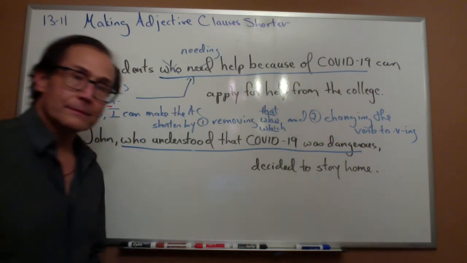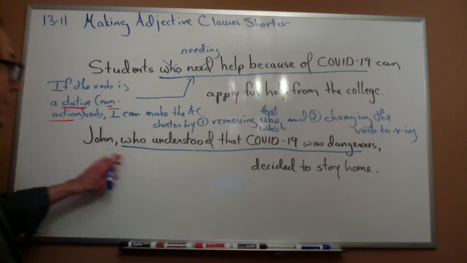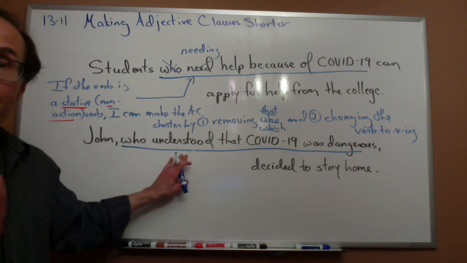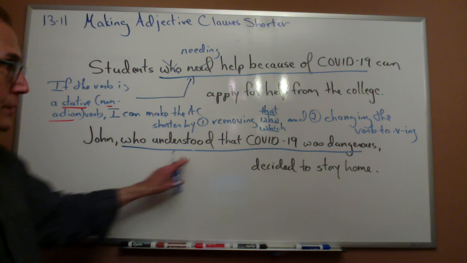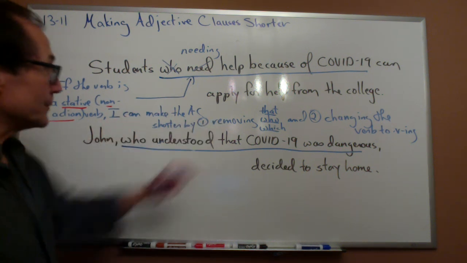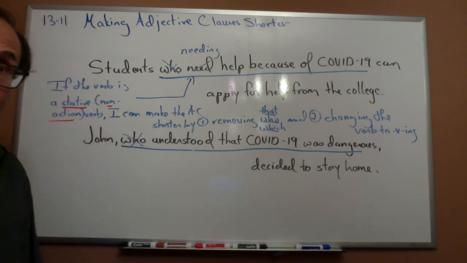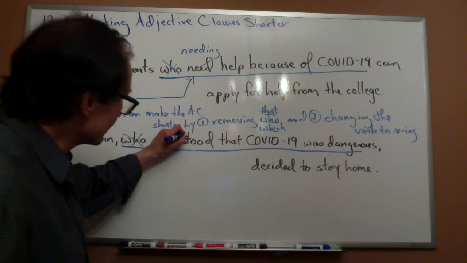All right. So to come back, so I say, okay, understood? Yes, it is a non-action verb, so I can do this. Then I say, first step is I remove who, which, or that. So I get rid of who, okay? Then I change the verb to ing.